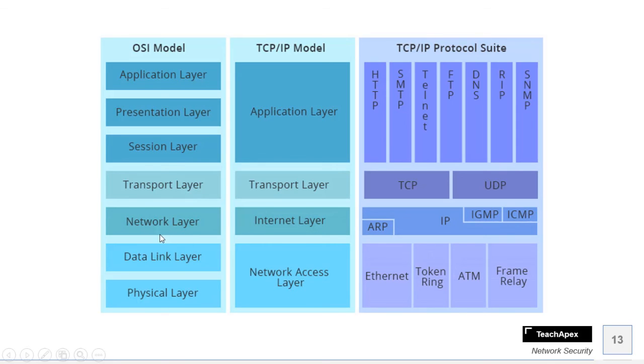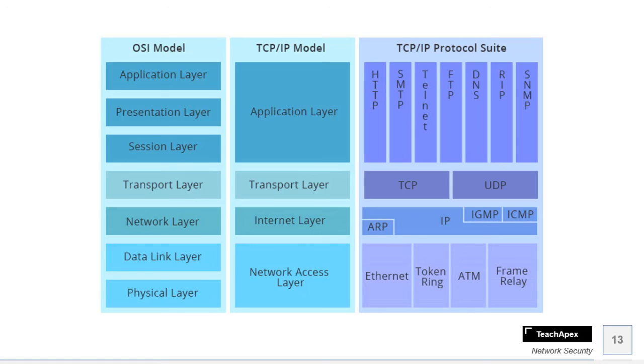Then OSI model network layer is known as internet layer in TCP/IP model. Then we have transport layer in both models. Then the upper three layers, session layer, presentation layer, and application layer, are combined in TCP/IP model and named as application layer in TCP/IP model.